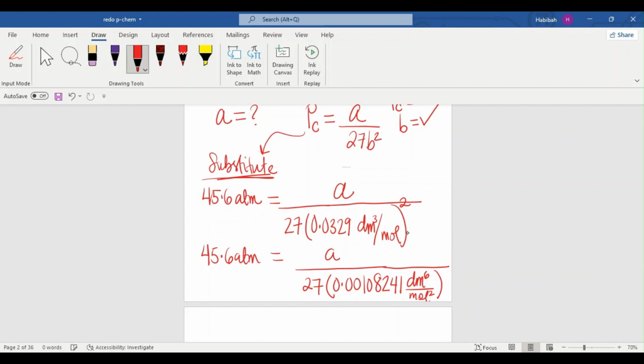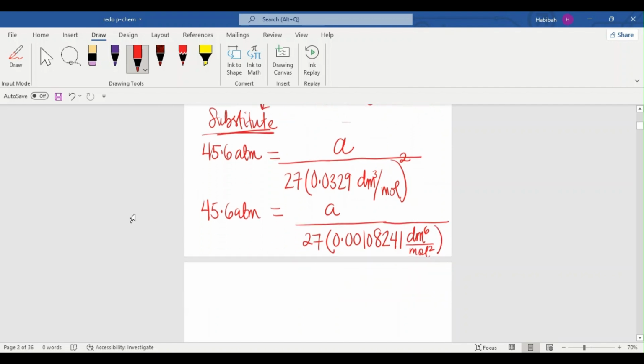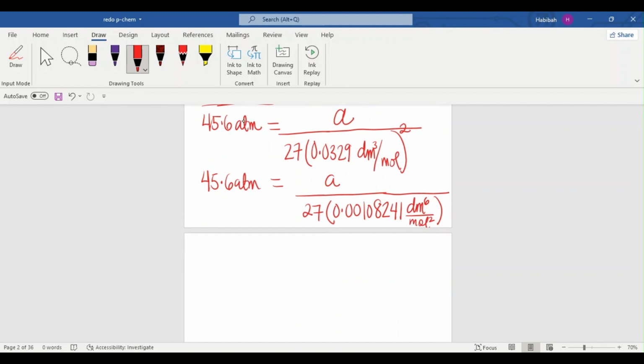Don't forget, we have all of this information, including the units, squared. So to determine A, we just cross multiply. A is going to equal 45.6 atmospheres times 27 times 0.0010821, and whatever that is is the value of A.